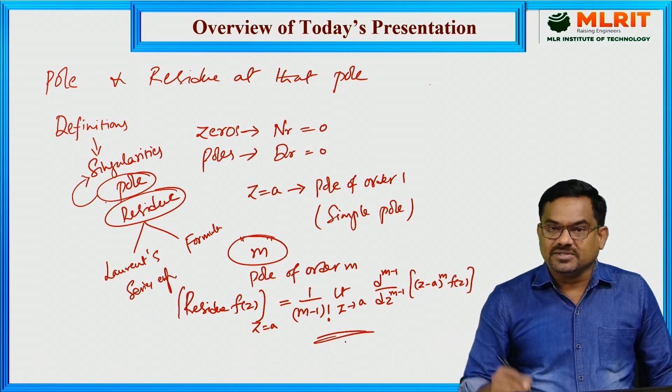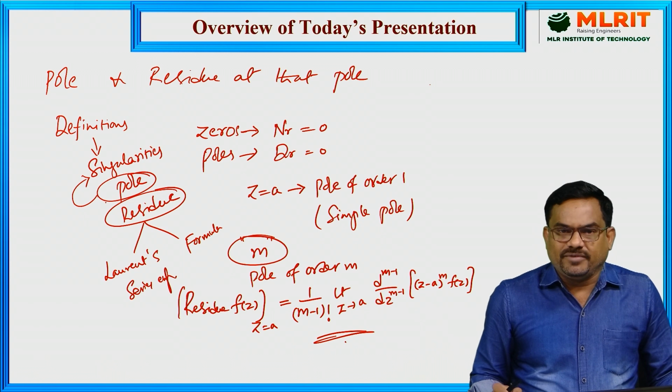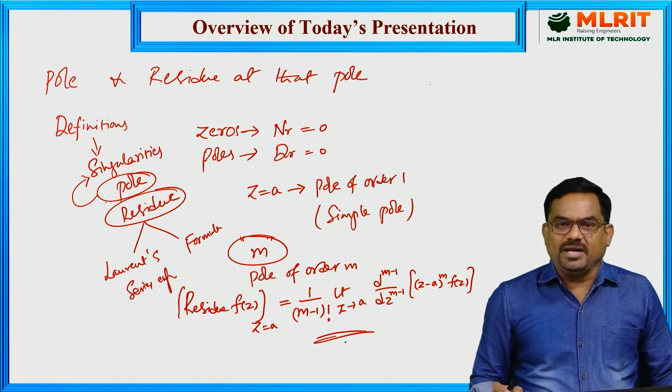So, this gives the residue at the pole z equal to a of order m.